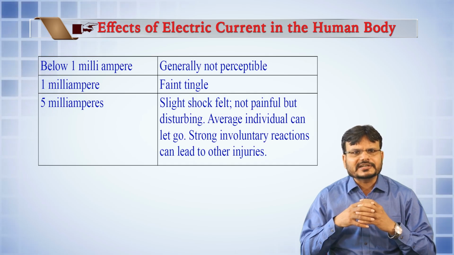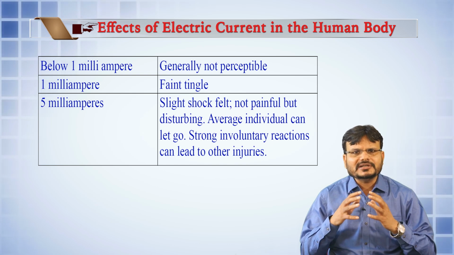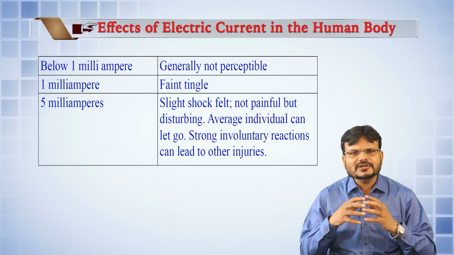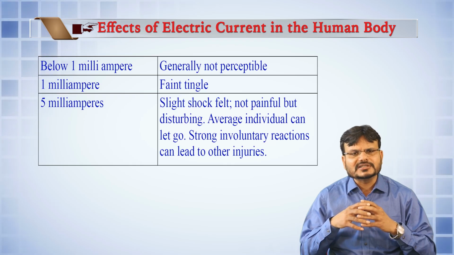If the current is around 5 milliampere, then a slight shock is felt, not painful but disturbing. The average individual can let go. Strong involuntary reaction can lead to other injuries.